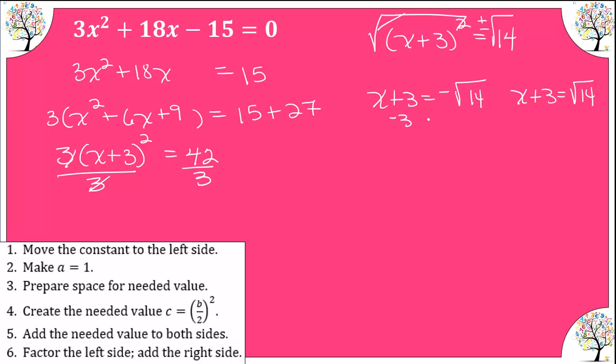We're going to solve. One root is negative 3 minus radical 14. And the other root is negative 3 plus radical 14. And again, if you needed to plot these x-intercepts, you would use a calculator to get an estimate of that irrational expression.